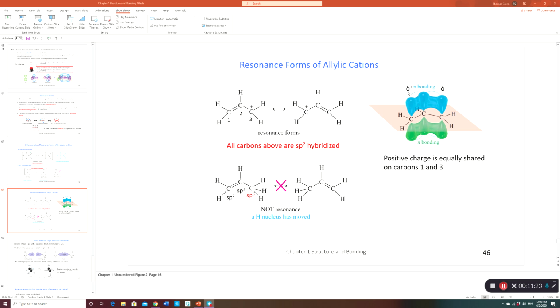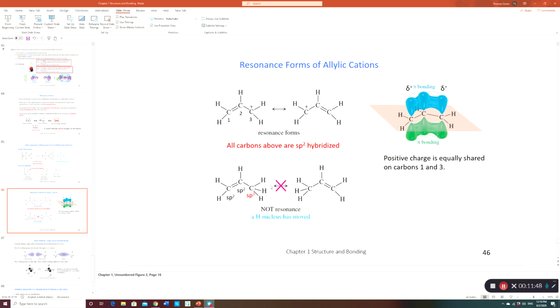So what this tells us is that, in fact, there's a partial positive charge on each carbon on the end. So carbon number 1 would have a partial positive charge, and carbon number 3 would have a partial positive charge on it. And so in other words, what we have here is an average of these 2 resonance forms, and that would be the best depiction of that allylic cation.